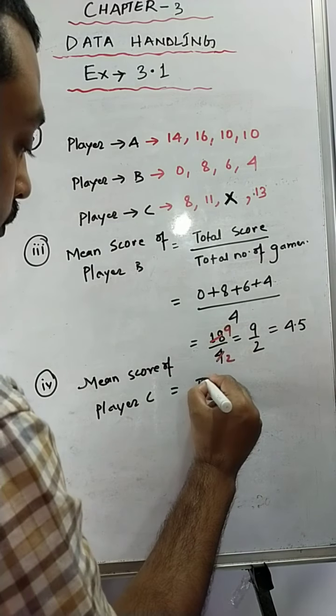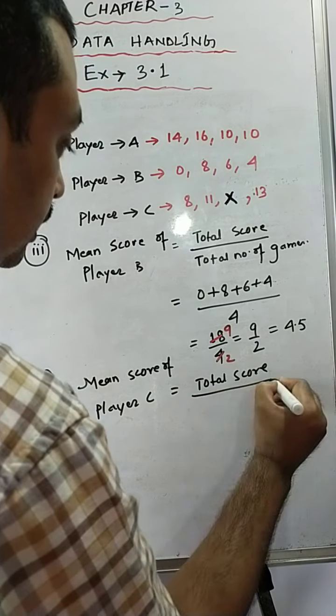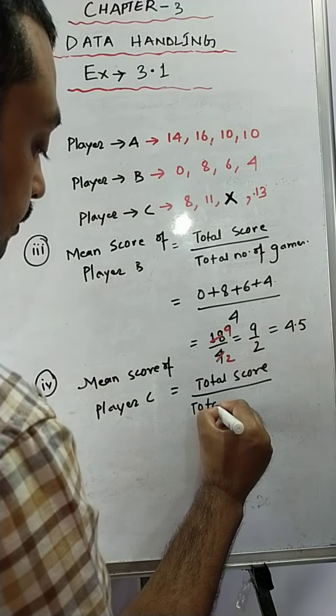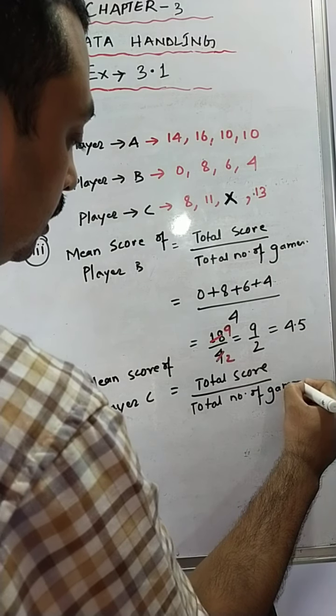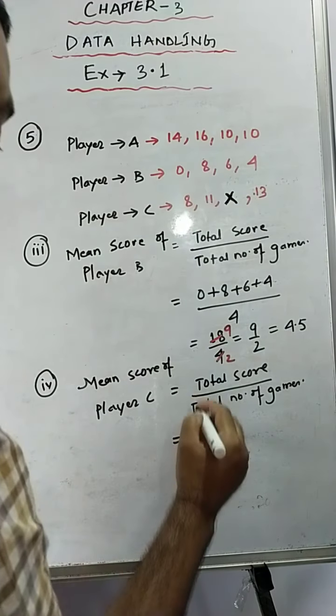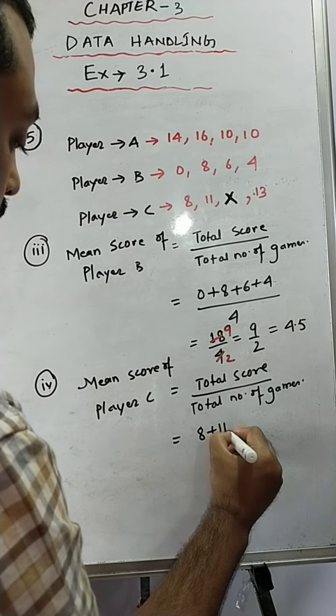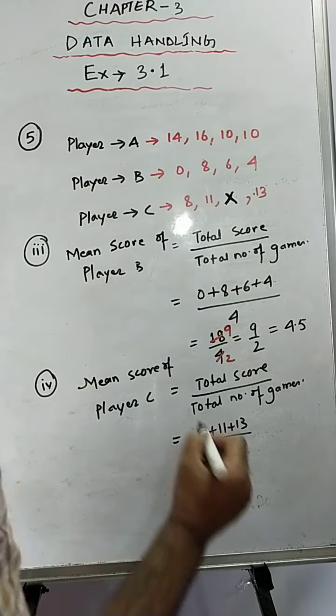So the mean score of player C will be total score by total number of games. Our total score will be 8 plus 11 plus 13 divided by 3, because he has not played one game.